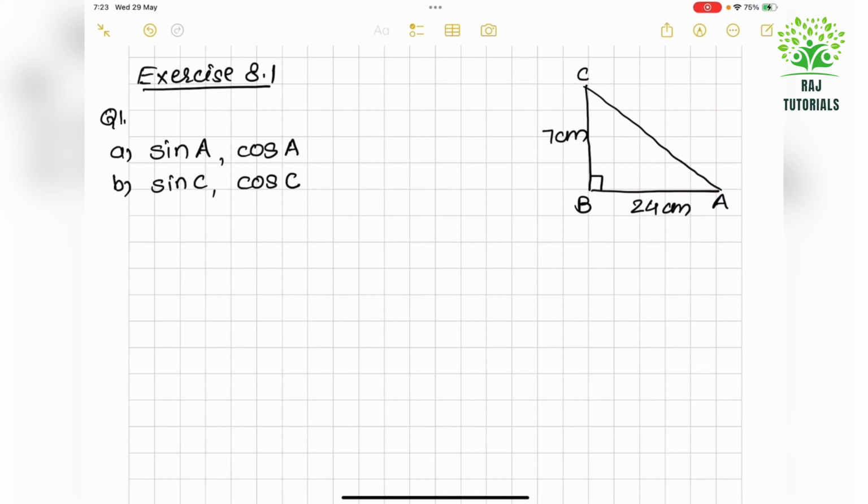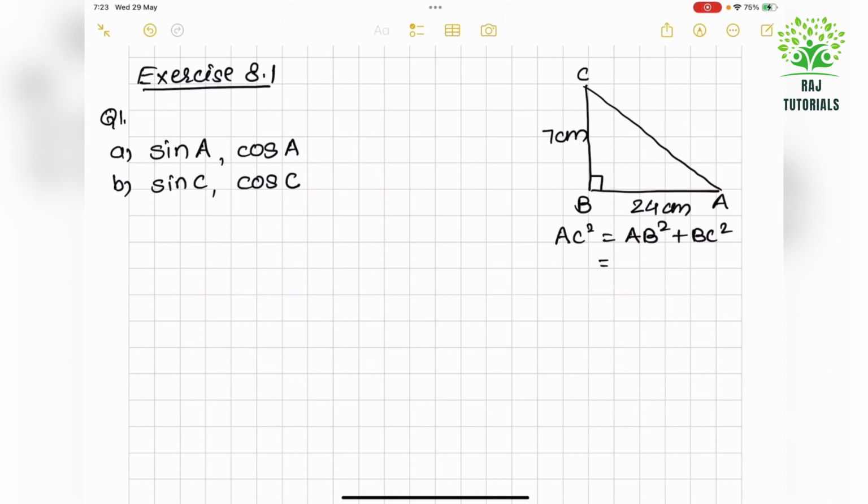So, to do this, see, now we know that this is a right angle triangle, so it will follow the Pythagoras theorem. The Pythagoras theorem says that AC square equal to AB square plus BC square. So AC I don't know, so to find AC I will use this formula, Pythagoras theorem.